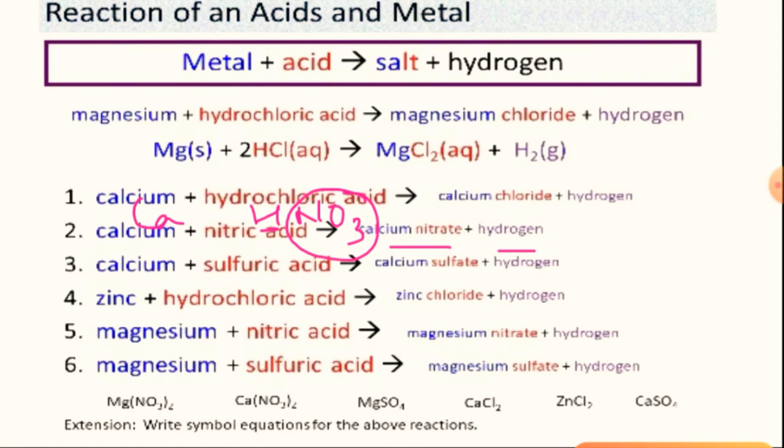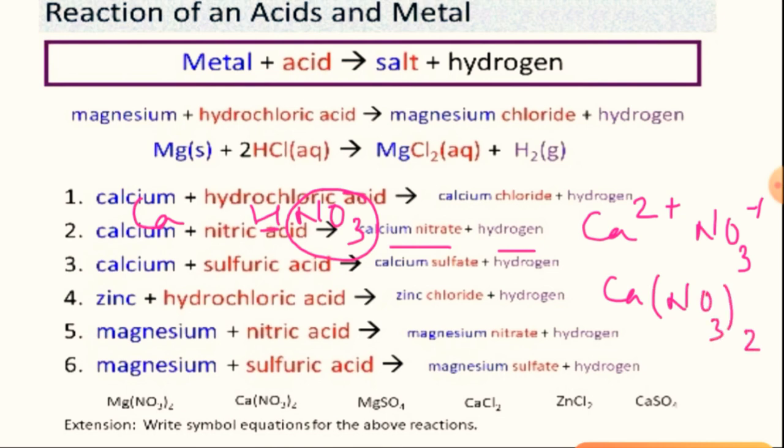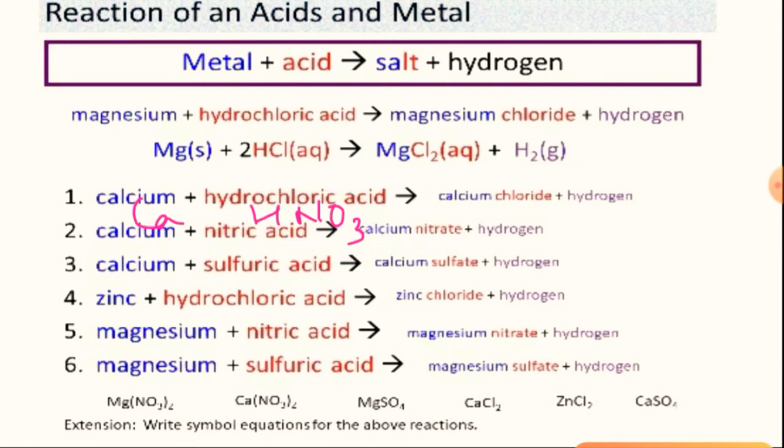Like the valency of calcium is 2 and nitrate is 1, so it will form calcium nitrate. Like this it forms the formula. This will be the formula of the salt. So this is how you can write the chemical equations, chemical reactions. Okay, sulfuric acid is H2SO4.